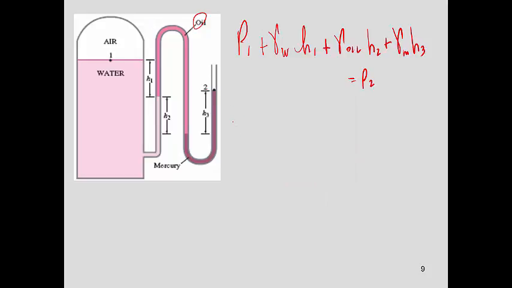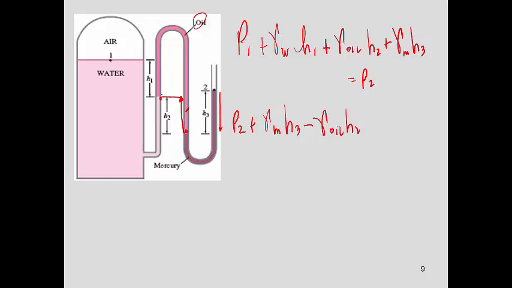So now I say, okay, P2, and I'm going down plus, and it's mercury, so gamma mercury times H3. So now here the pressure is the same, but I'm going to go up, and this is H2, but it's oil, so I'm decreasing in depth, so it would be minus gamma oil times H2.